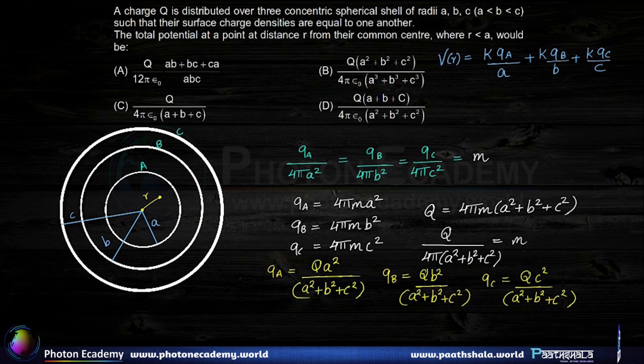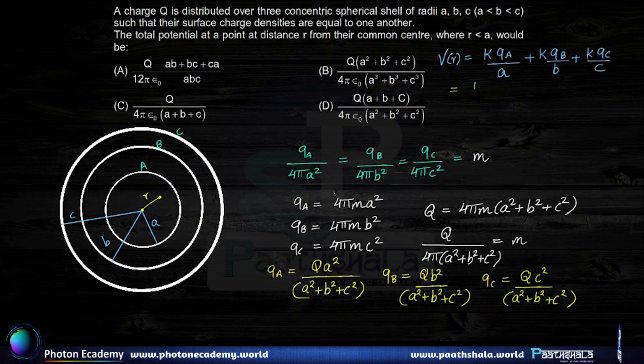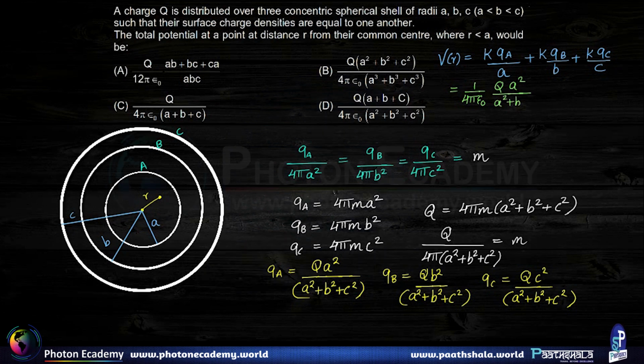So all that remains is we should substitute the value of Q_A, Q_B, Q_C in this particular equation. K is 1 upon 4 pi epsilon naught, so that will be common outside. Q_A is Q times a square upon a square plus b square plus c square, whole divided by a.